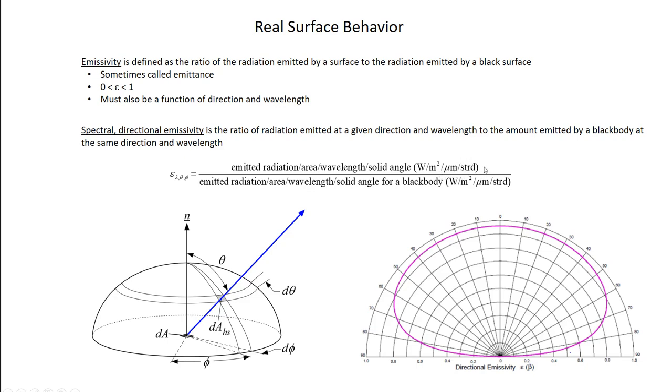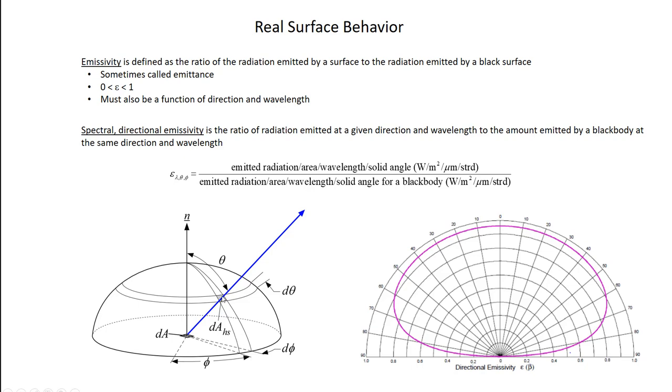So let's talk a little bit about what this means, because you probably haven't seen that before. A steradian is a differential angle on a hemisphere like this, right? If I was talking about a differential theta or a differential phi, that would be a differential angle that would have units of radians.